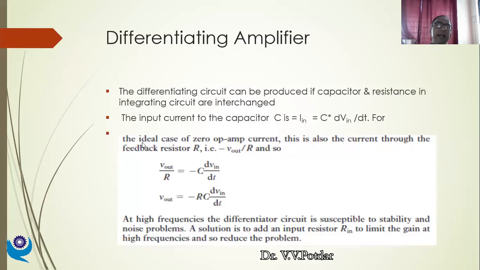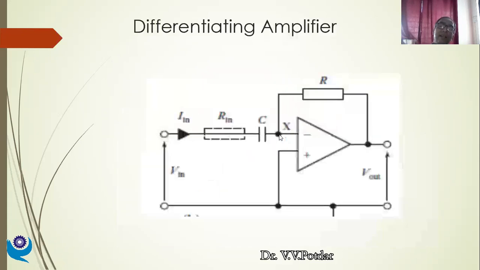So for the ideal case of zero OpAmp current, at X the current is 0, isn't it? Current flowing into the OpAmp is 0.